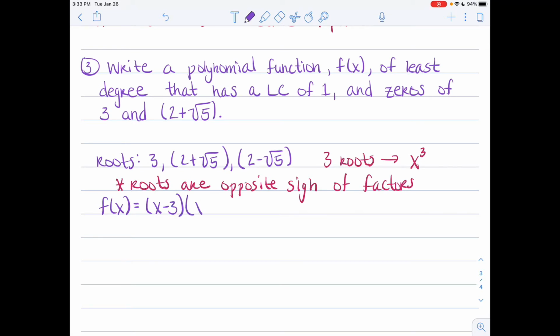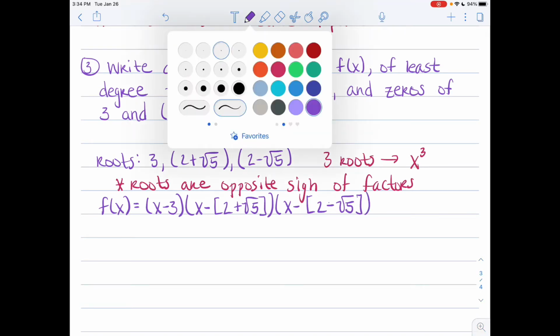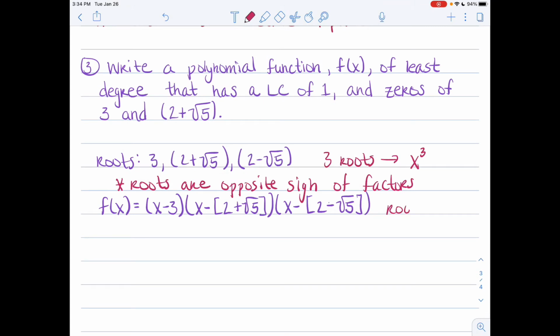We will have x minus 2 plus square root of 5, so either do double parentheses or the brackets like I did, and then finally x minus 2 minus the square root of 5. All right, so that is changing roots to factors.